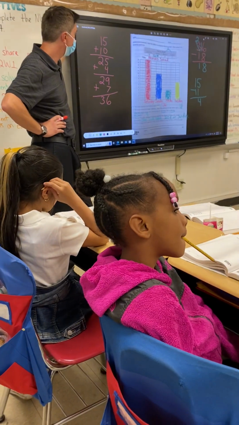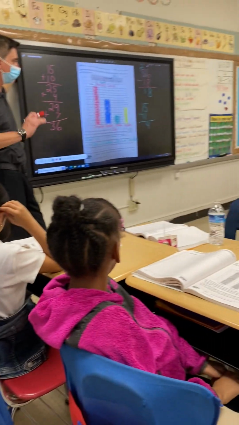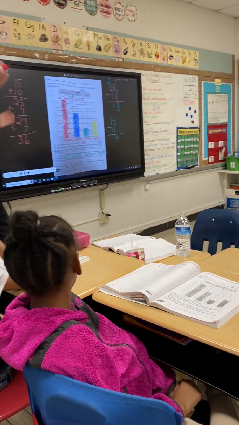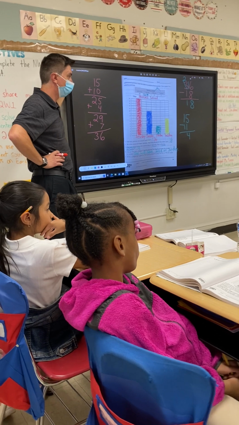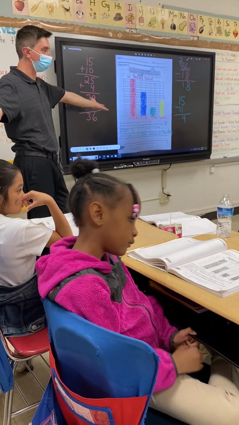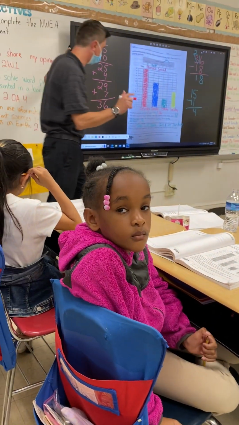We want to write a question that's either how much more or how much less. So which one of those two do you want to use? Now you're just going to choose either how much more or how much less. How much more? All right, so we'll start like that.